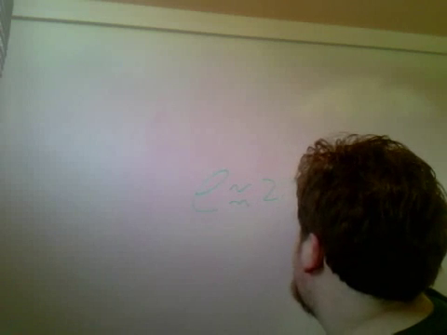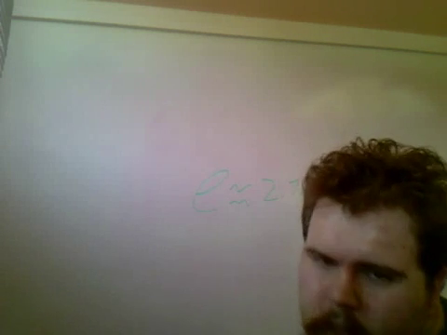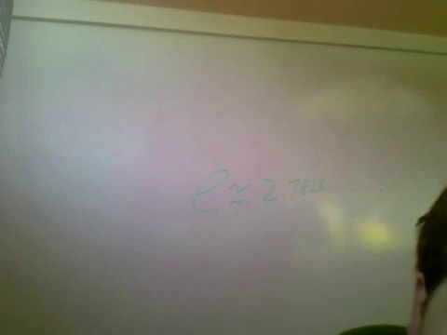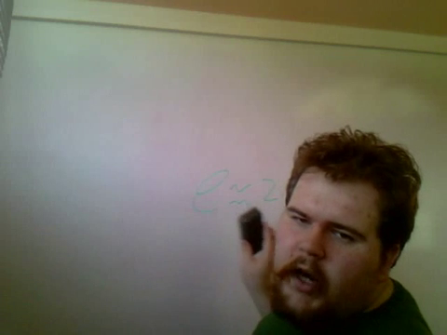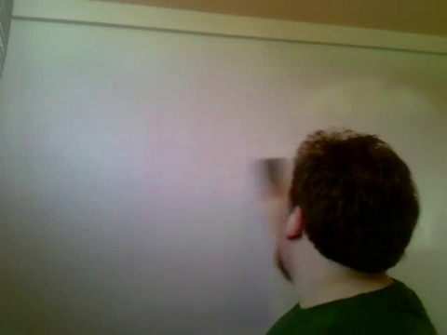But essentially, e is an irrational number. It's approximately equal to 2.7828, and it goes on and on and on forever. It's another number like pi. It's mathematically and physically important, but it never terminates and it never repeats.